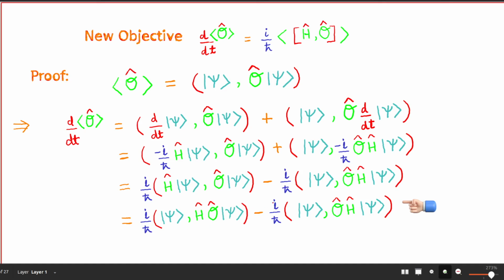So by using the hermiticity property of the Hamiltonian operator, we get two terms. In the first term we have HO, the product of H with O, sandwiched between states psi, and in the second term we have the product OH sandwiched between states psi.